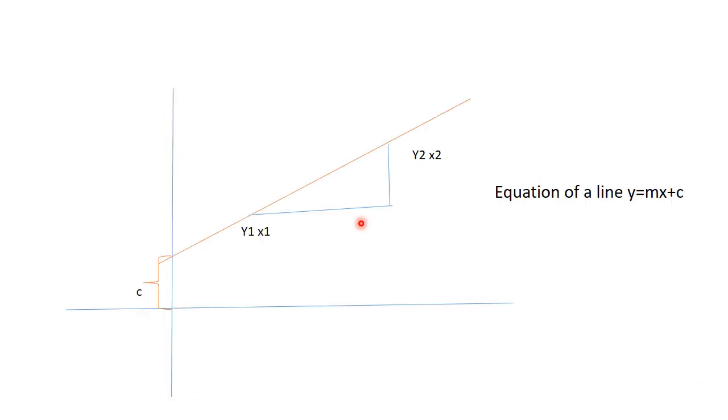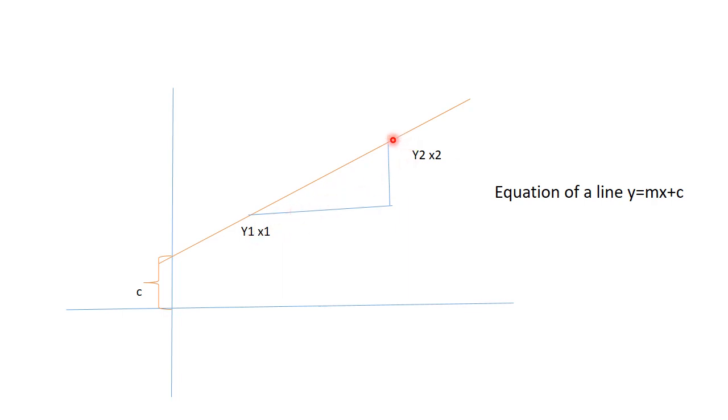So we will recap the equation of a line: y is equal to mx plus c. C is the y-intercept, the difference from the zero value, what is the y value at which the line crosses the axis. This is c, nothing but the y-intercept. And m is (y2 minus y1) divided by (x2 minus x1), which is tan theta.